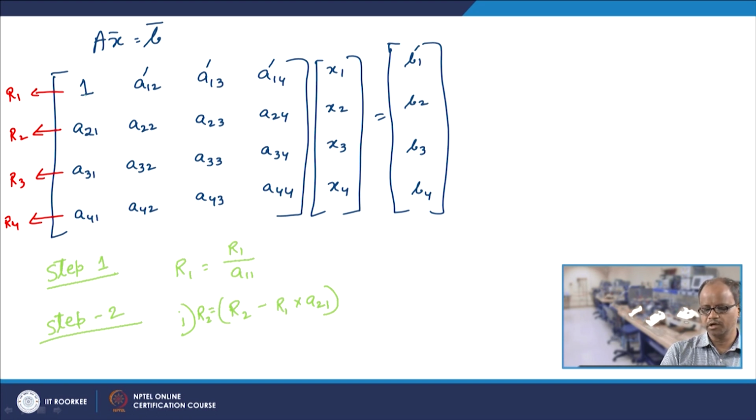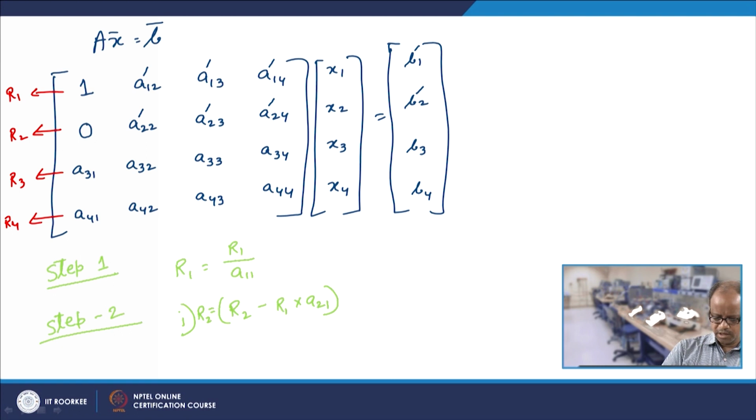Then here we will get 1 into A21, and A12 dash into A21, A13 dash into A21, A14 dash into A21, and B1 dash into A21. When I subtract this entire new row from this, it becomes 0, and it would be A22 minus A12 dash into A21, and so on. So, let us say this will be changed to A22 dash, A23 dash, A24 dash, and B2 dash.